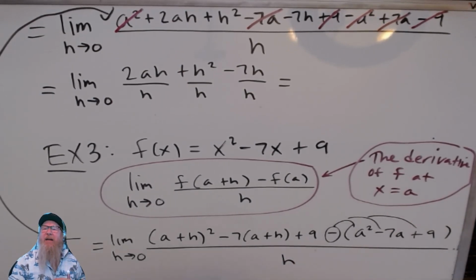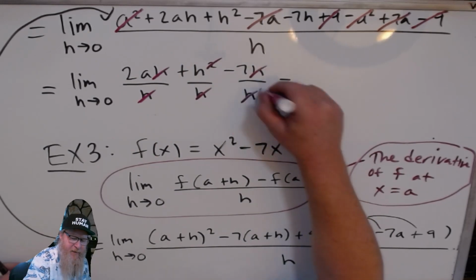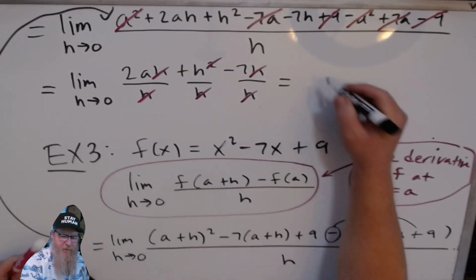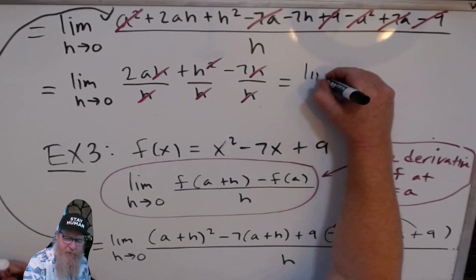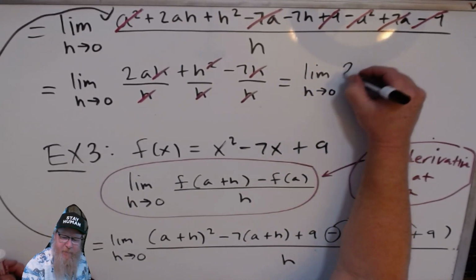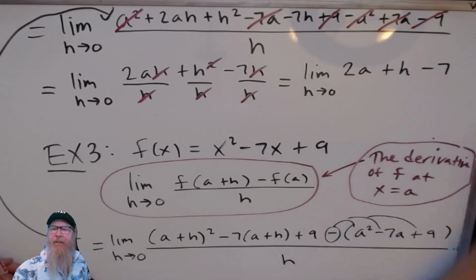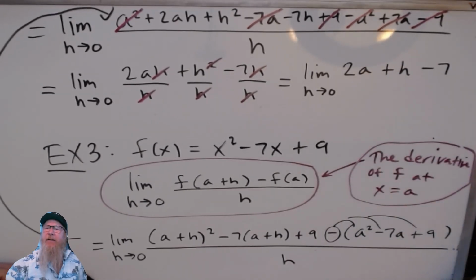One of the benefits of your investment in this course is that you're going to get paid back with simplicity. 2a plus h minus 7. That's the reward. There it is. It all paid off.